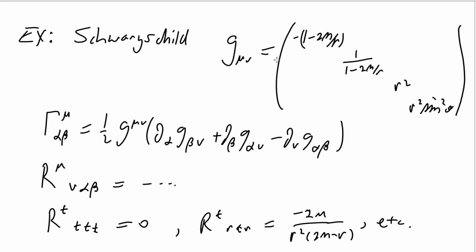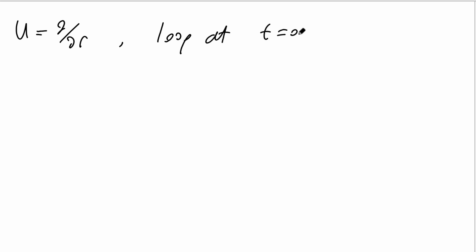Let's ask a concrete question. Let's say we have a vector u, and we'll take that vector to be ∂/∂r, and we'll take a loop at the point, say t equals 0, r equals, I don't know, big R, theta equals pi over 2, and phi equals 0. And we'll take it oriented in the r-phi plane.